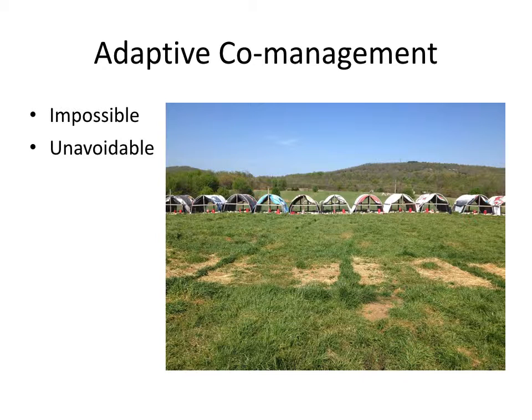This is a picture of a friend of mine who's attempting to implement something along these lines. It's a much simpler system in the sense that we're looking at a single field. This is a pastured poultry operation. These are what are called chicken tractors that are raising broilers.